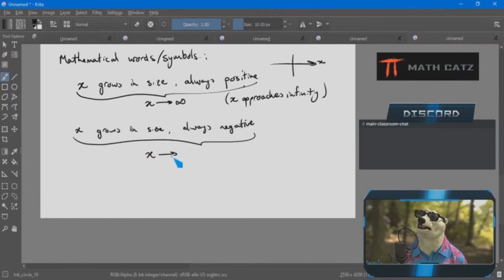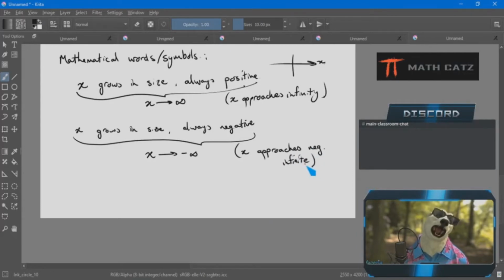It's a behavior. That's where the arrow comes in. And then negative infinity to indicate that it's going in the opposite direction. And we say x approaches negative infinity.